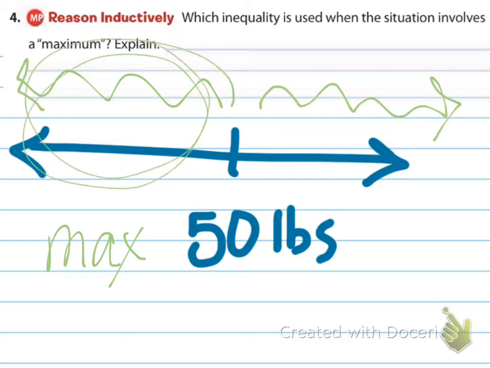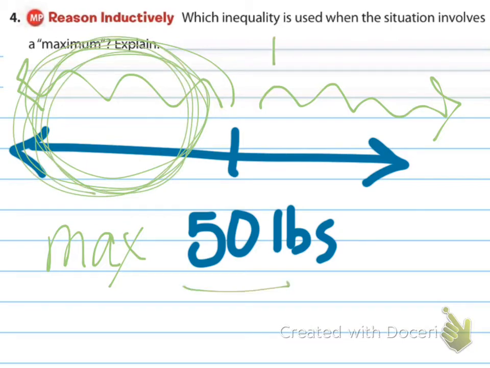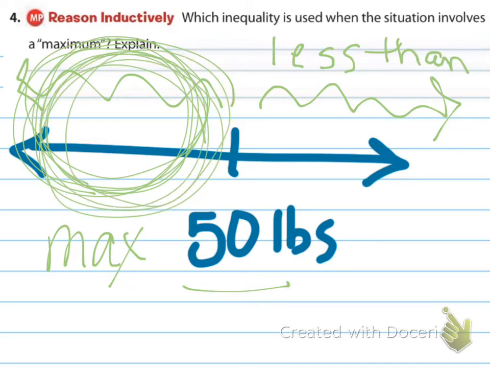Well, hopefully you know it needs to be less than 50 pounds, because we're looking for an amount between 0 and 50. Anything above 50 is going to be a no-no. Okay? So when we see the word maximum, we think less than.